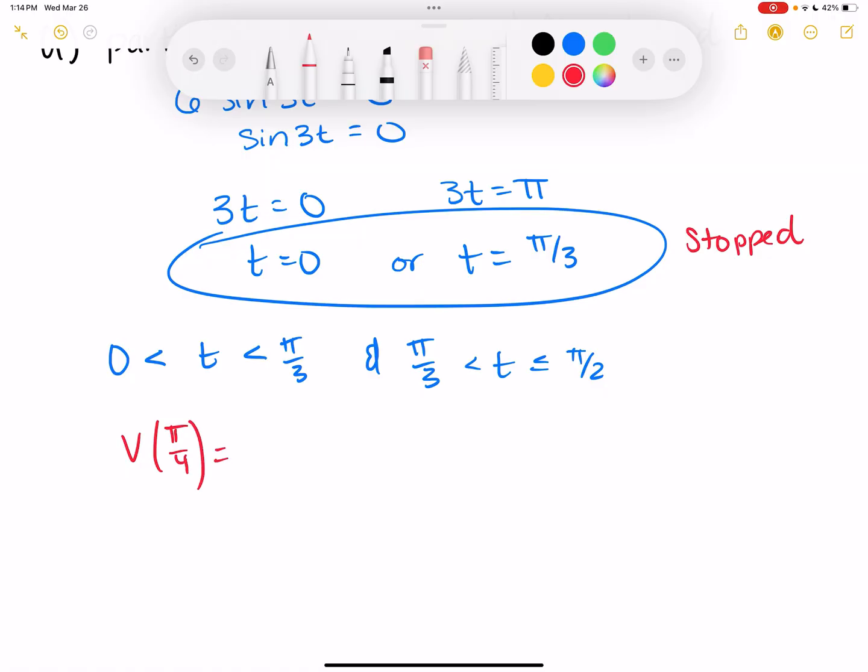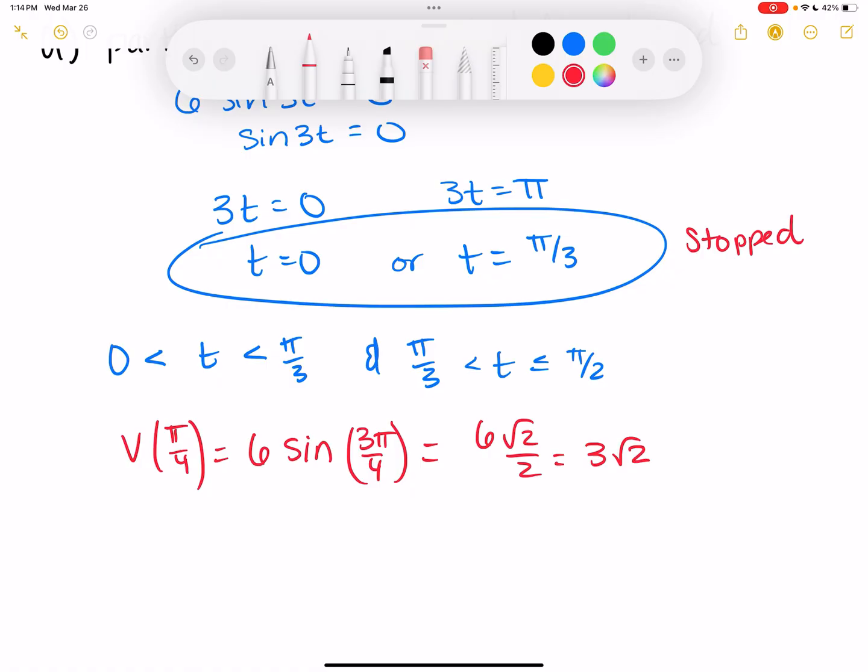So I've got 6 sine of 3 pi over 4. What's the sine of 3 pi over 4? Root 2 over 2. So this is 6 times root 2 over 2, which is 3 root 2.